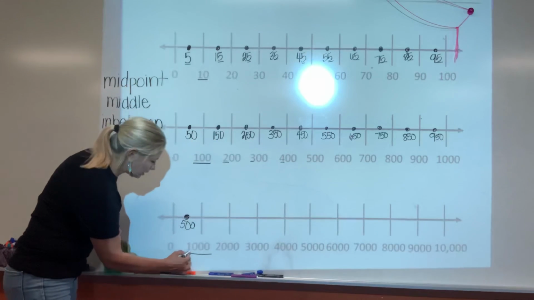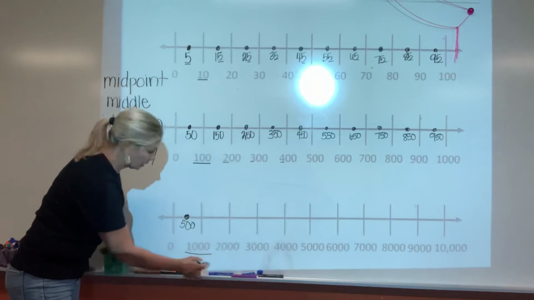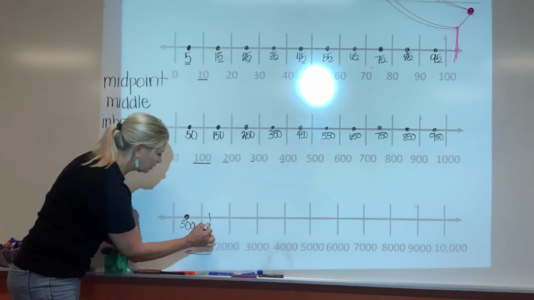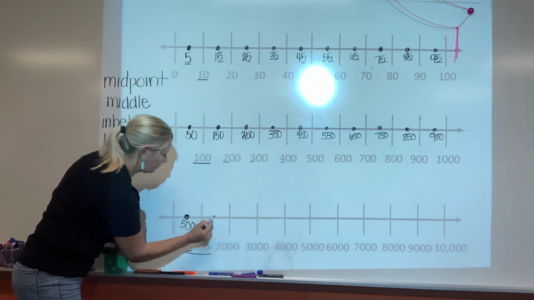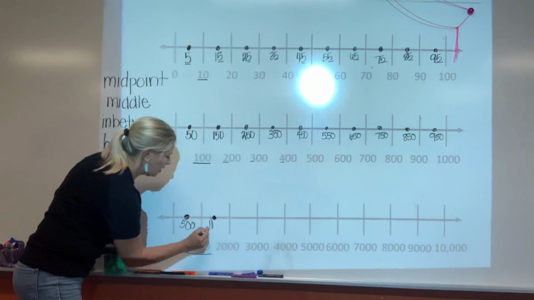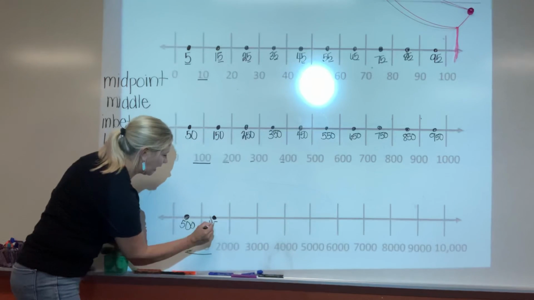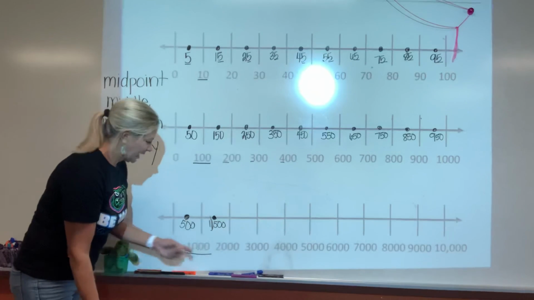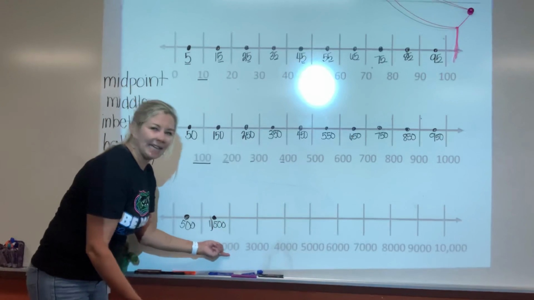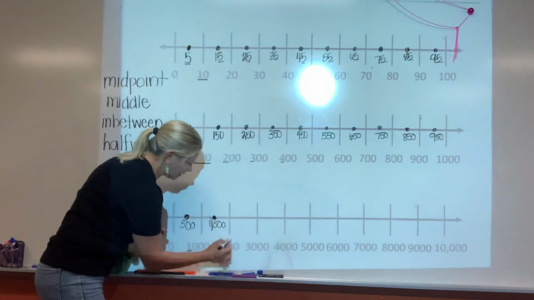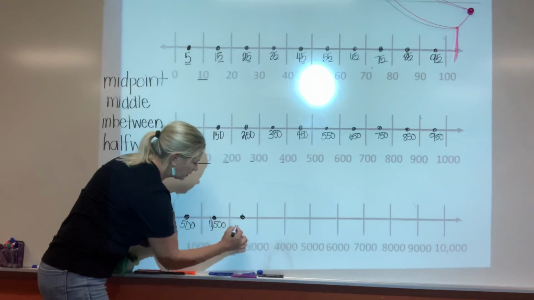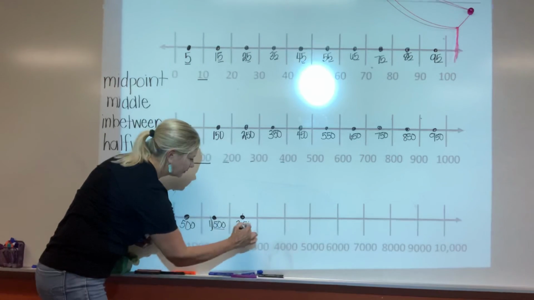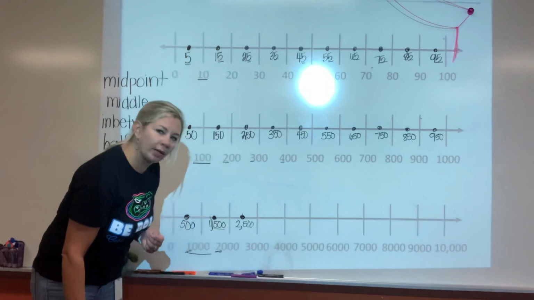I look at this, 1,000, 2,000. So the midpoint would be 1,000. Oh, hold on. 1,500. Okay? Now I'm going to look and I'm going to do the exact same thing. 2,500 is the midpoint.